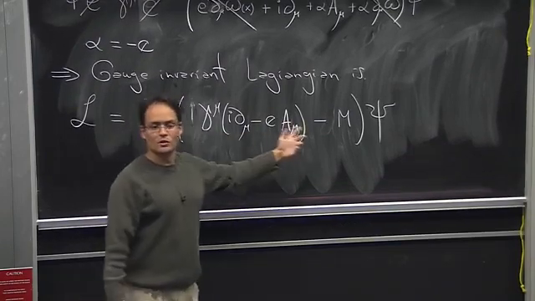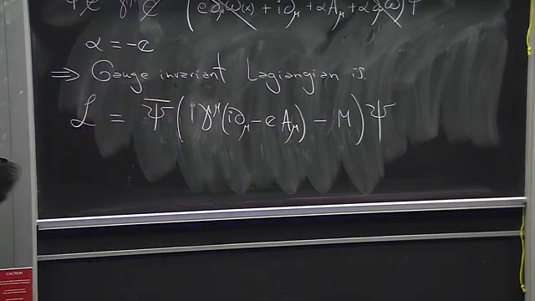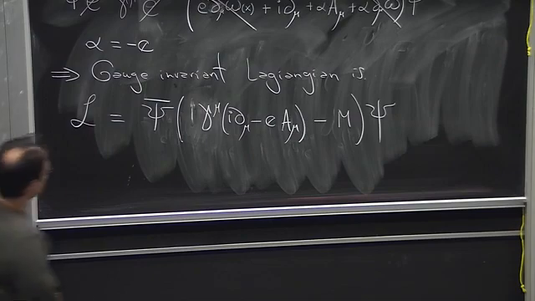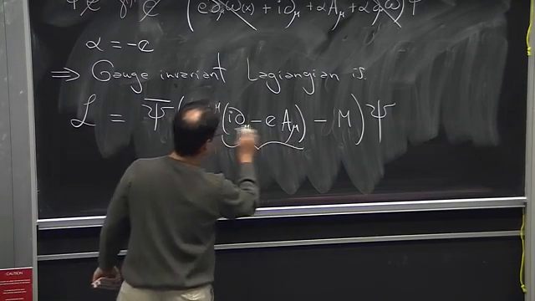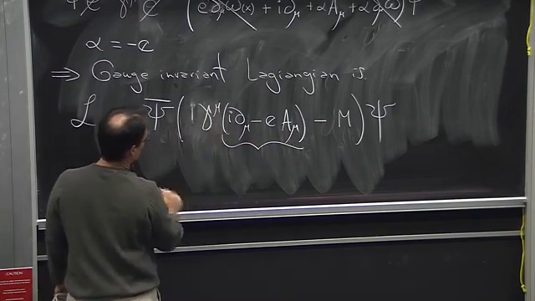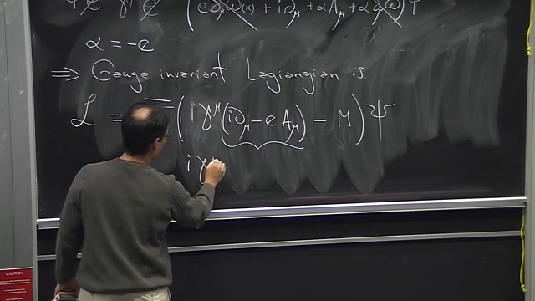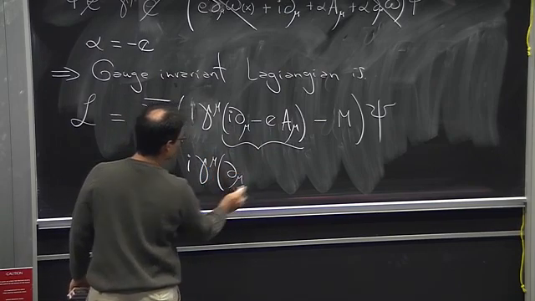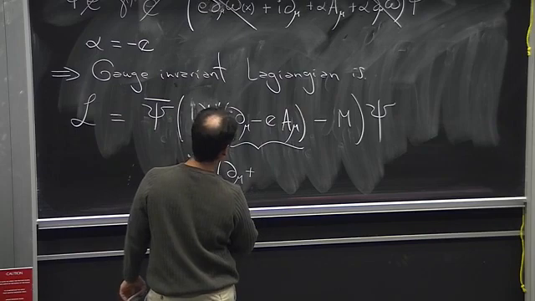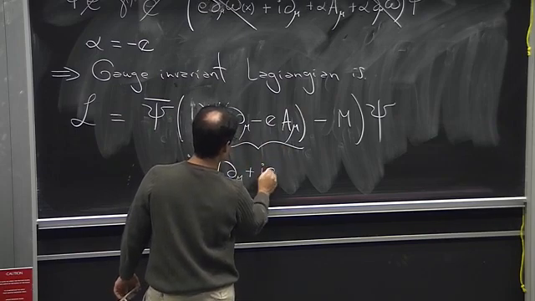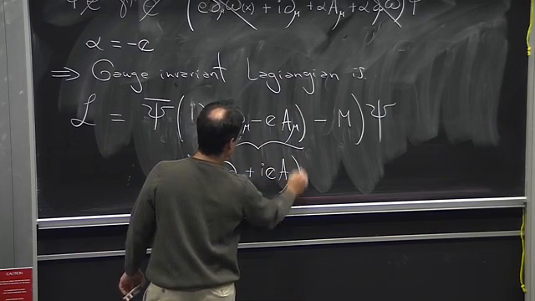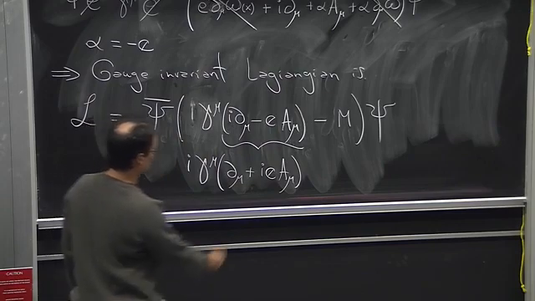Now, this combination looks very amusing. Let me actually pull out the i. So we get something that looks like del mu plus i e A mu. Okay?